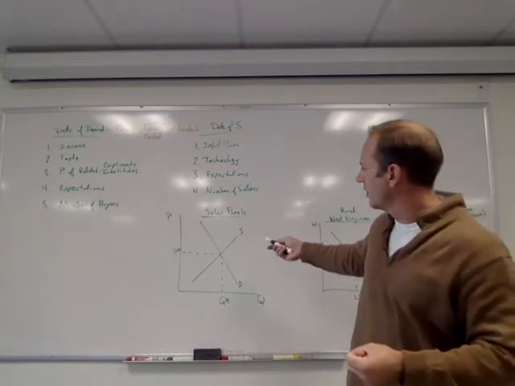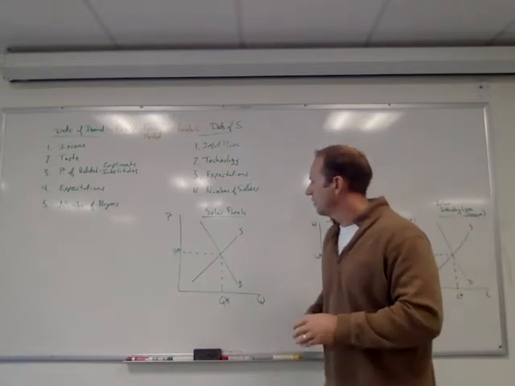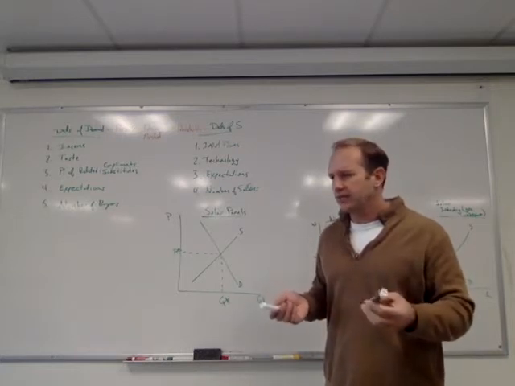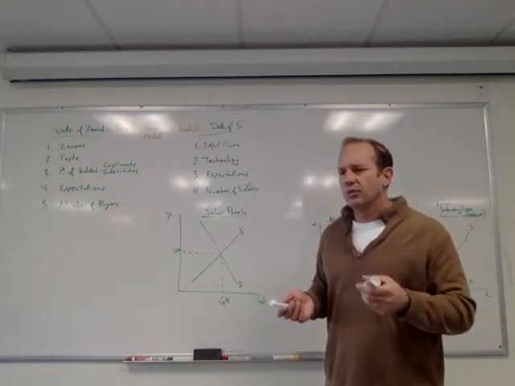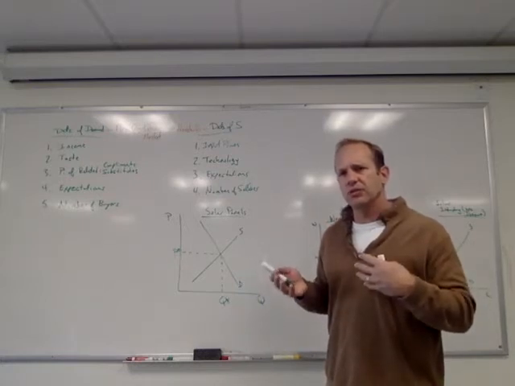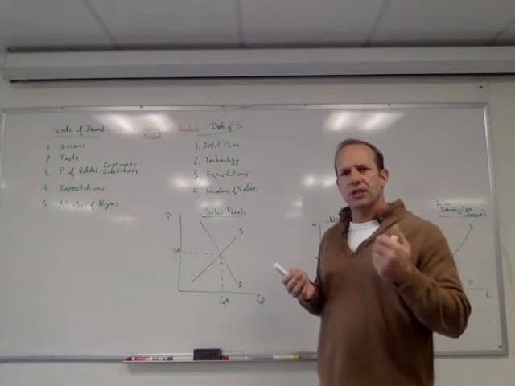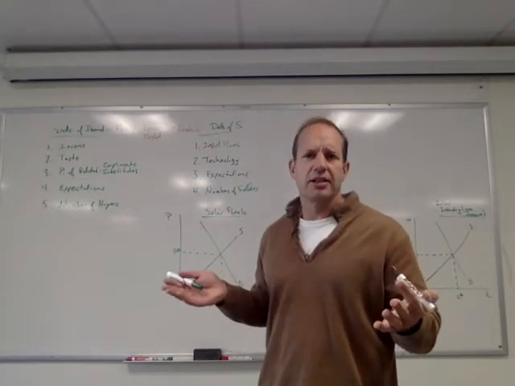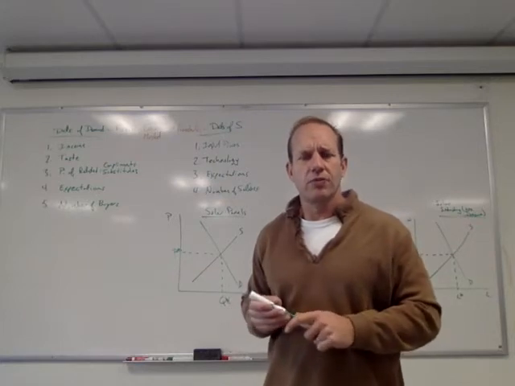So here I have drawn the market model for solar panels. Why do I have that? What's the relationship between something happening in the coal market and solar panels? By the way, if regulations are happening in the coal market, that's probably decreasing the supply of coal.